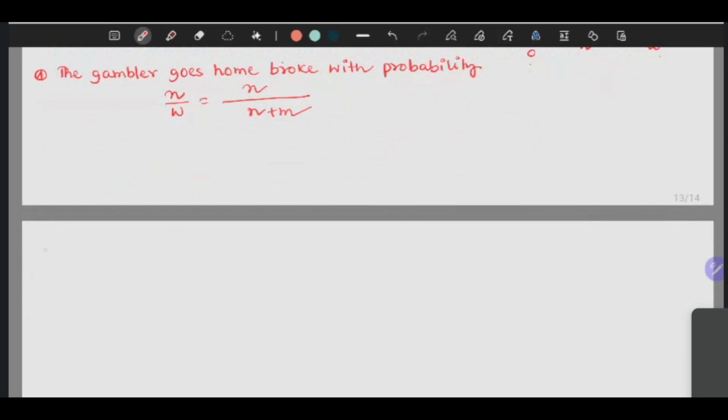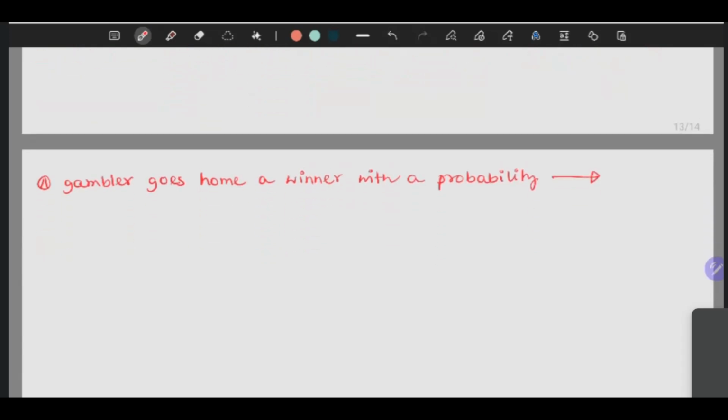And the gambler goes home a winner with a probability of how much?